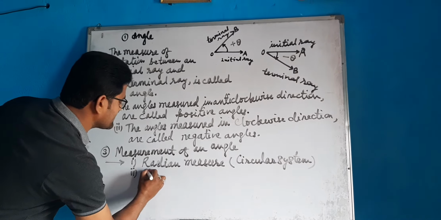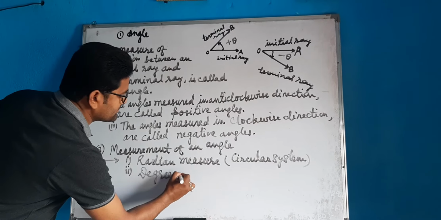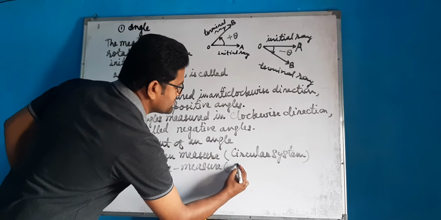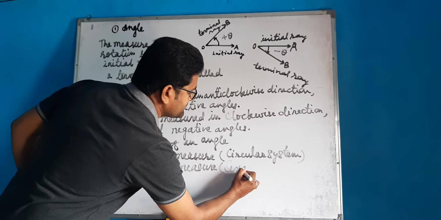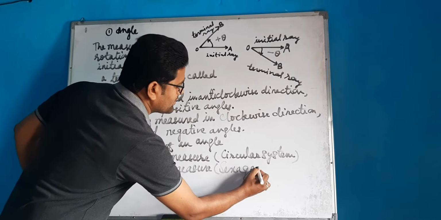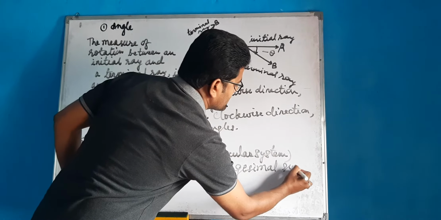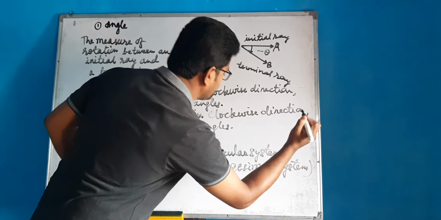The second one is degree measure, also known as the sexagesimal system. According to the sexagesimal system, it is known as degree.